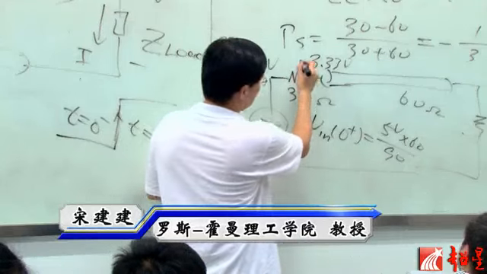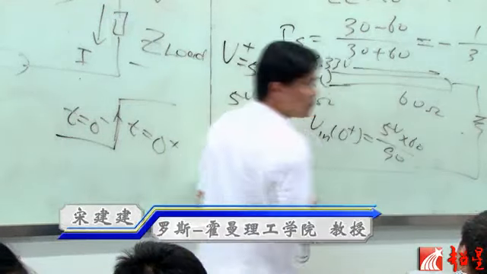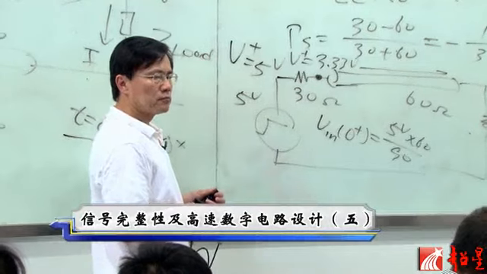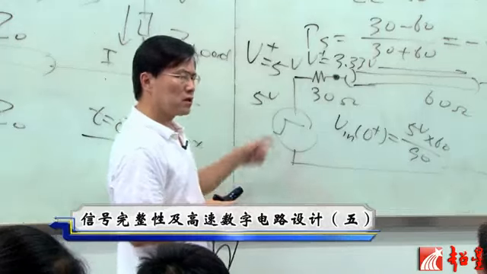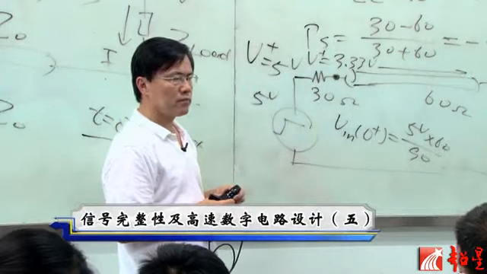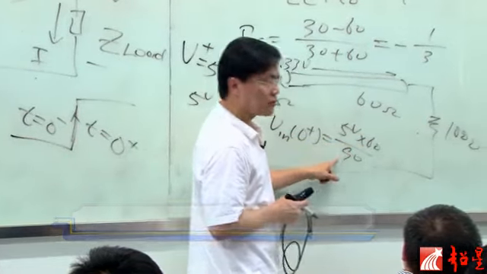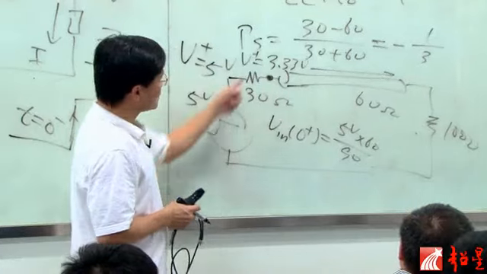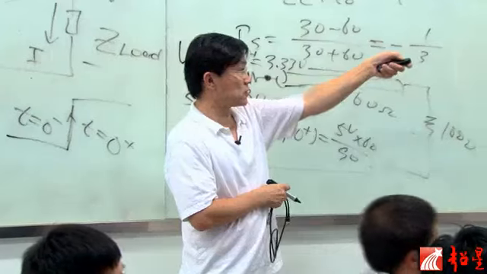That's V plus, that's going to propagate through this line. It's a step with 3.33 volts. Is that right? 10 over 3. Yeah. So this is 2/3, so it's 10 over 3, right? So that's the beginning voltage. So that voltage there is 3.3 volts.